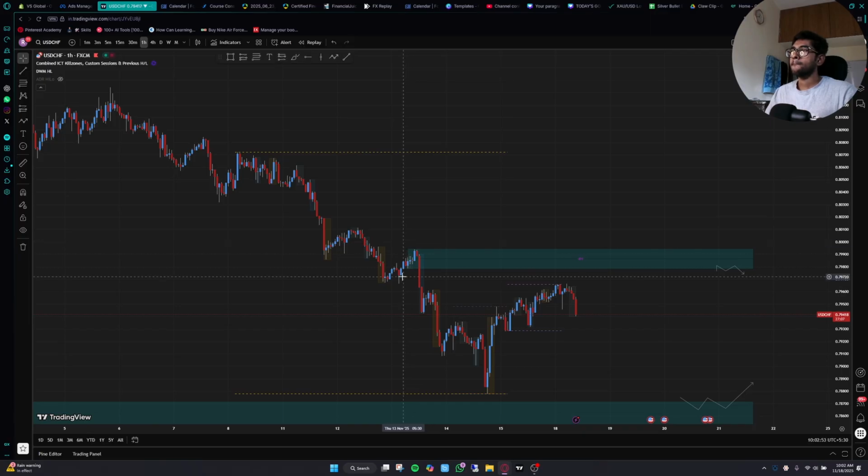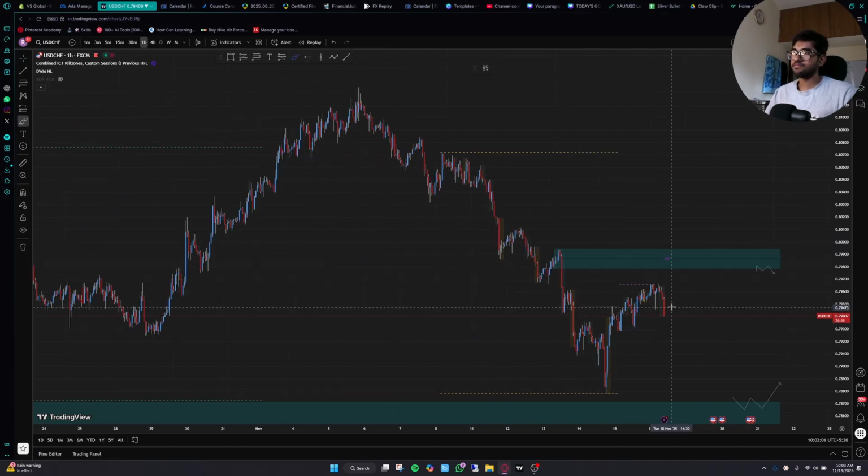What I'm expecting price to do is keep doing this, come back up into this zone, and then come all the way back into this zone.